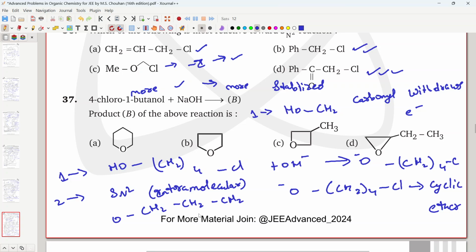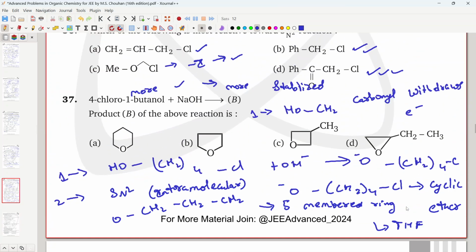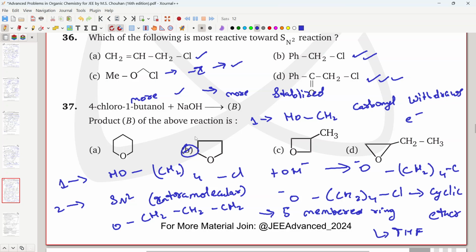Closing the ring gives 4 carbon atoms and 1 oxygen, so a 5-membered ring. This is THF, or tetrahydrofuran, which matches option B. Yeah, I can give an answer.